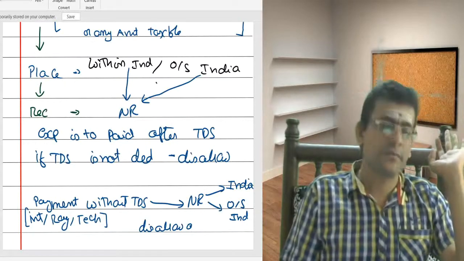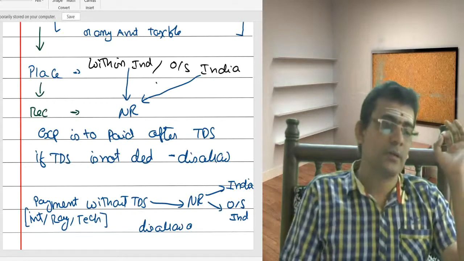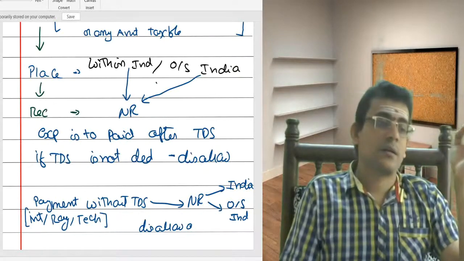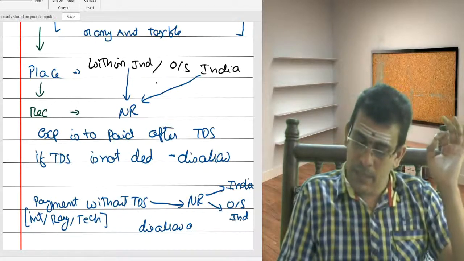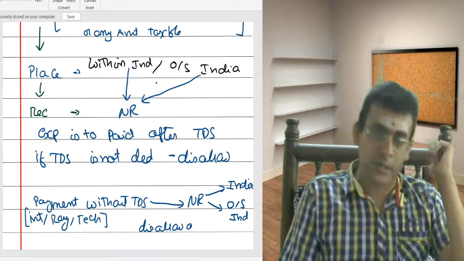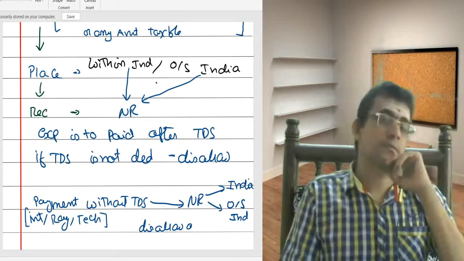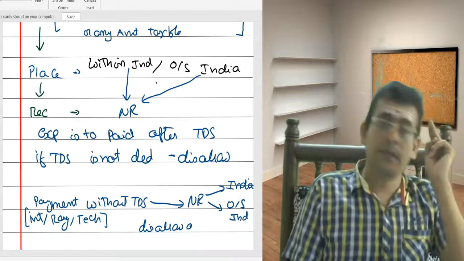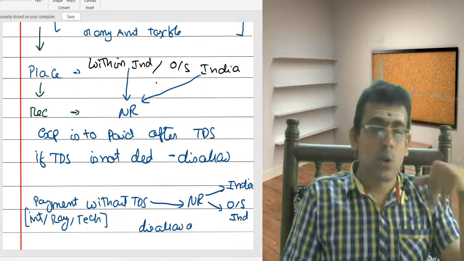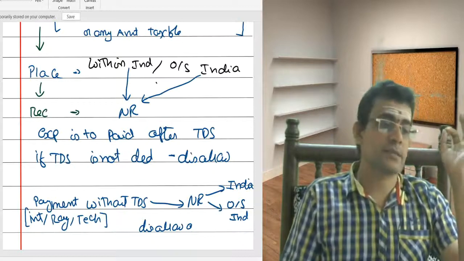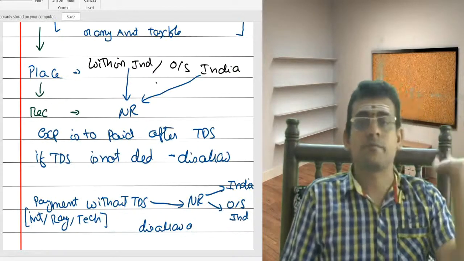He'll be called what? An assessee in default. So here the payer is making payment to a non-resident. He is supposed to deduct the TDS. If he is not deducting the TDS, he will be called an assessee in default. Then, as he is called an assessee in default, the Act says you can't take this as a deduction. The amount of deduction is going to be disallowed.